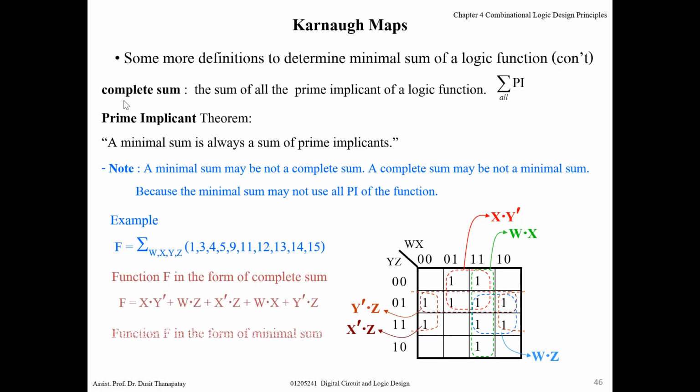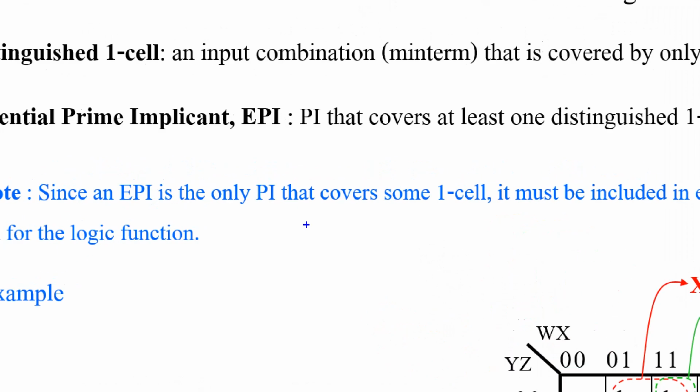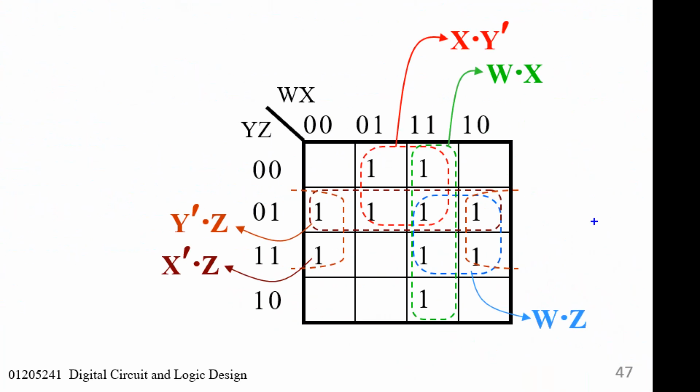And one more word, essential prime implicant. What is it? Look at this. Don't forget, to create a function you must select all of the logic 1s, right? You must use all one cells. This one cell is covered by only this term, right?